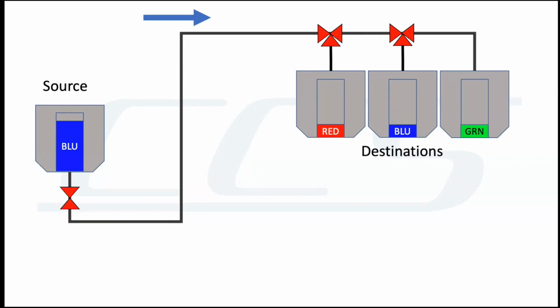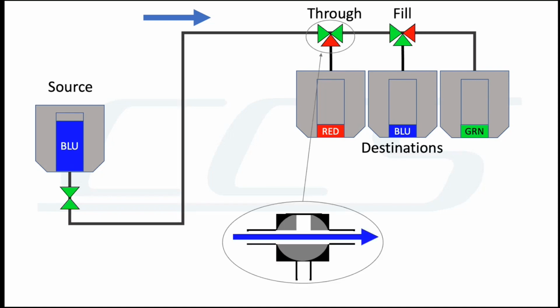What we do have is a situation when we start adding more complexity, we have a source bin going to multiple destinations. And in this case, we have three-way valves, and a lot of you may be familiar with those, but what a three-way valve does is it allows the liquid perhaps to go through the first valve and into the fill position of the second valve so we can guide the liquid.